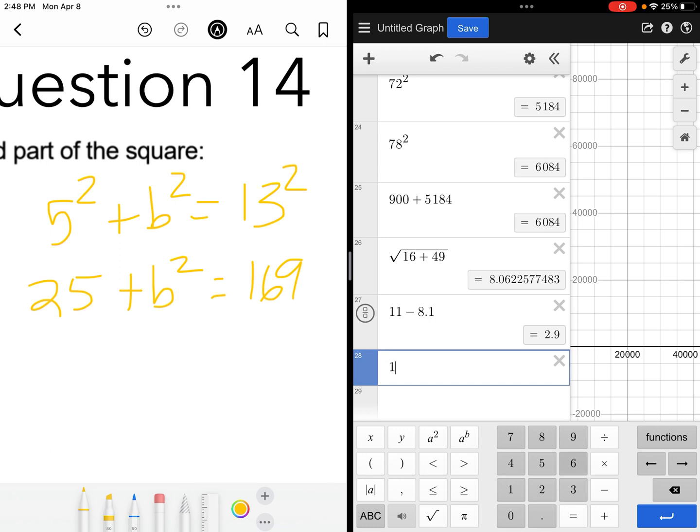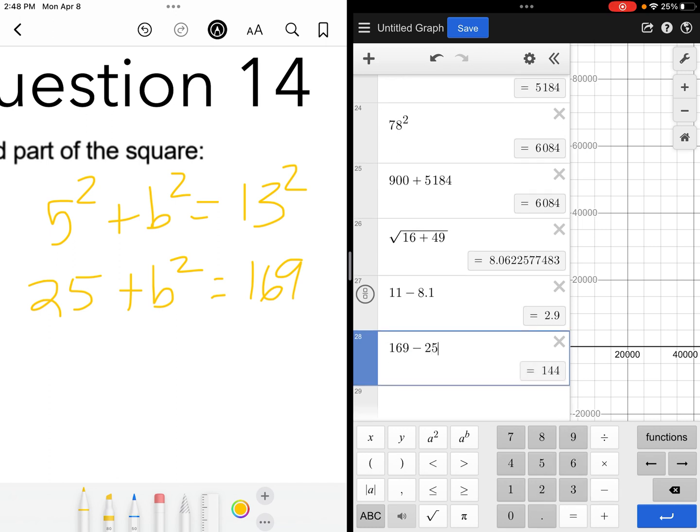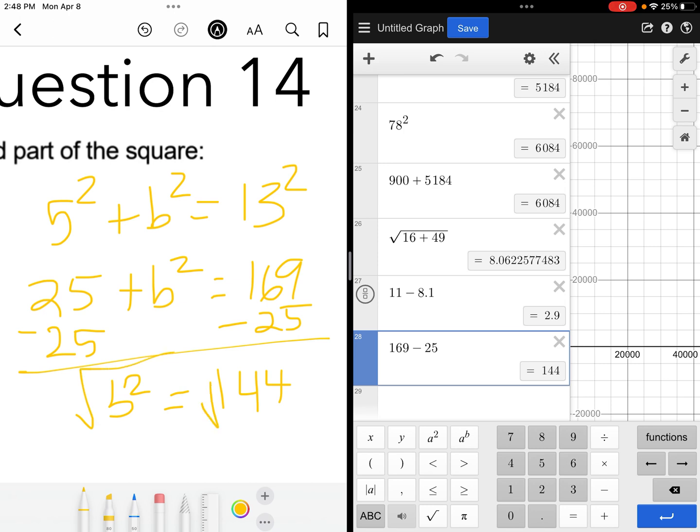So 169 minus 25. B squared equals 144. Square root it, and I get b equals 12.